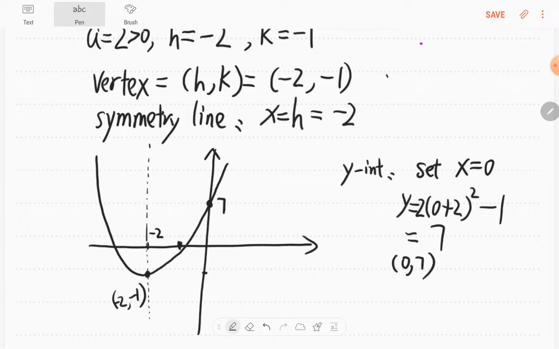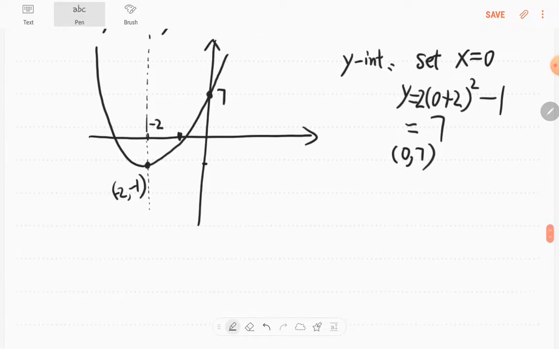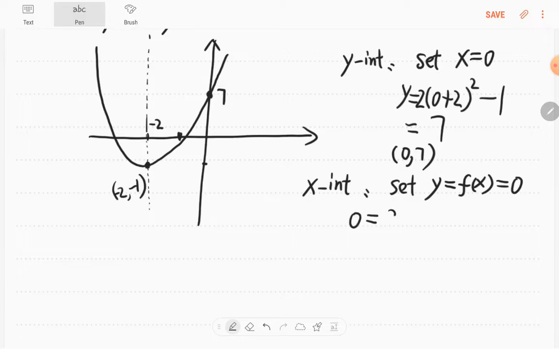This is a y-intercept. What about the x-intercept? For the x-intercept, we set y to be 0, right? Y, which is f of x, right? F value. So we set y equals 0 or f of x equals 0. So you will have 0 equals 2 times (x plus 2) squared minus 1. Then we solve for x, right?